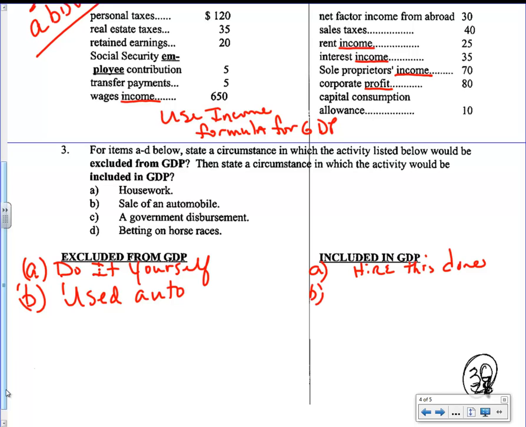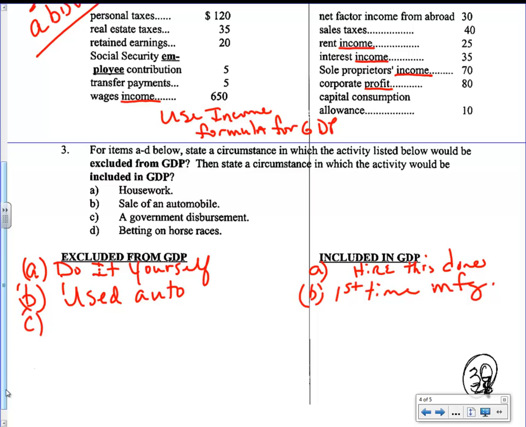When would we include it? First time manufactured. The first time it's manufactured, the fair market value of that automobile, the full cost of the automobile, is included in gross domestic product.